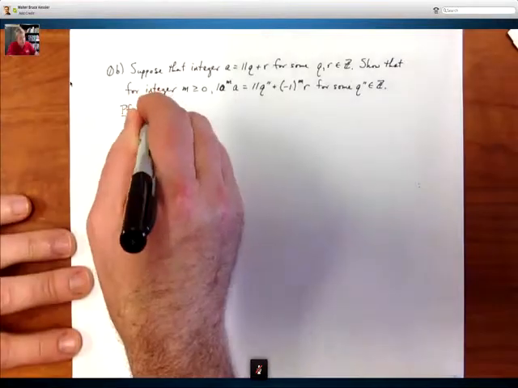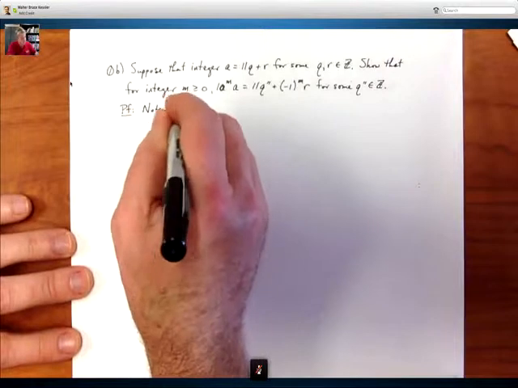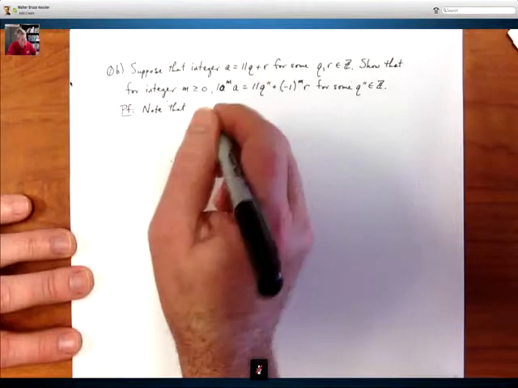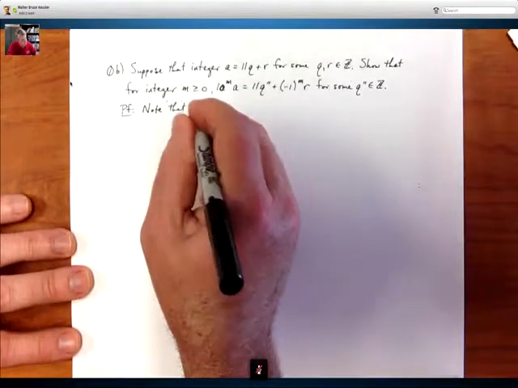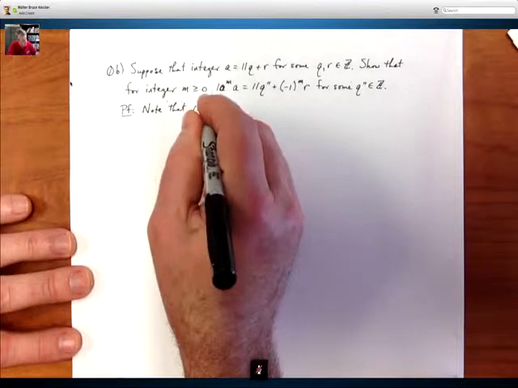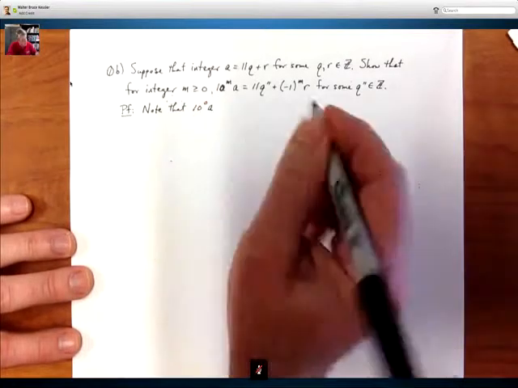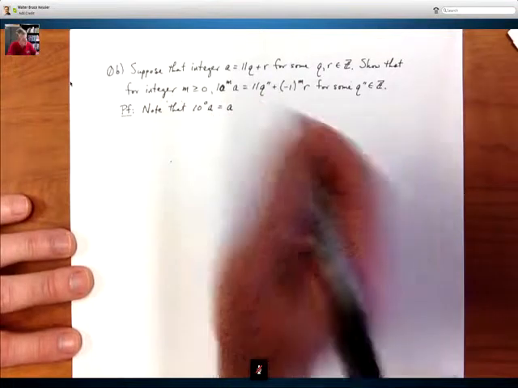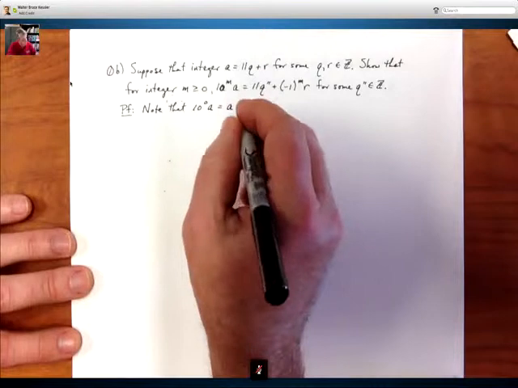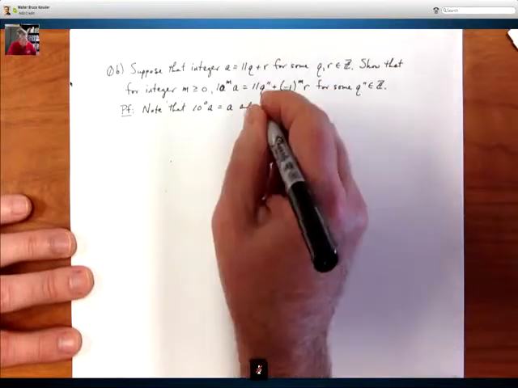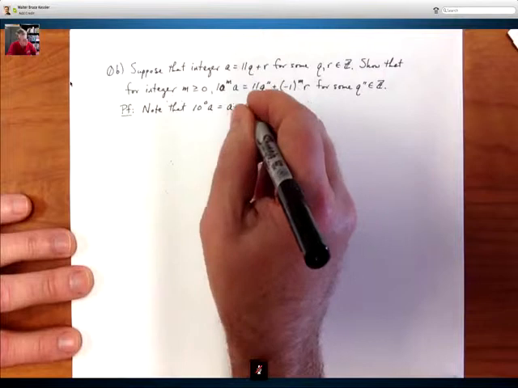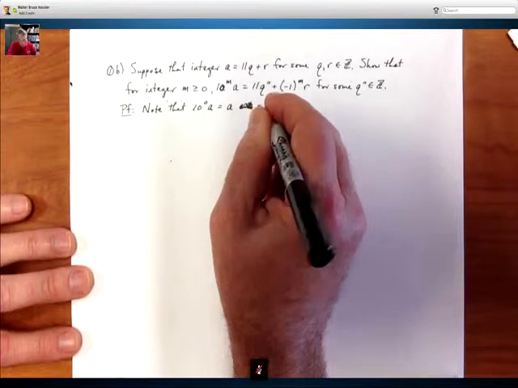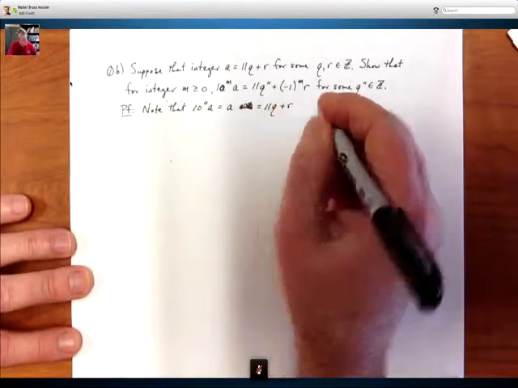So I would start out by saying something to the effect, note that 10 to the 0 times a is just a, which is then 11q plus r.